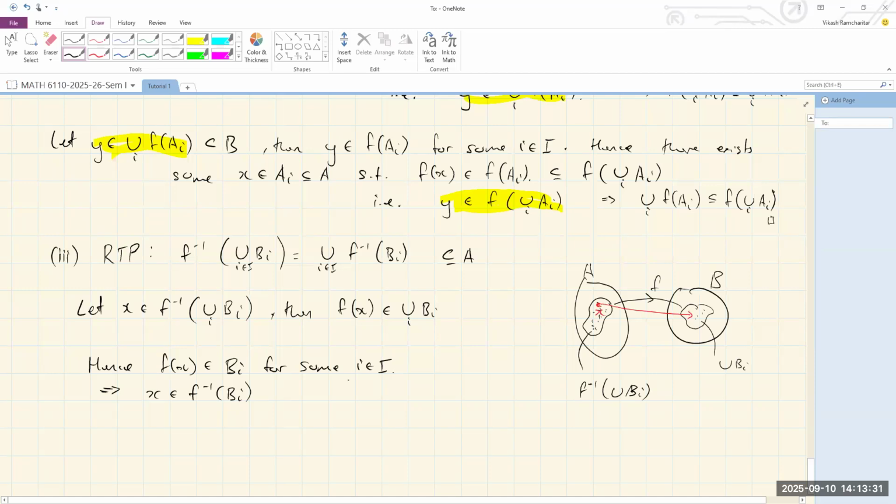So x belongs to f inverse of B_i, and of course, f inverse of B_i is a subset of the union of f inverse of B_i, because that's one of the sets in this union.